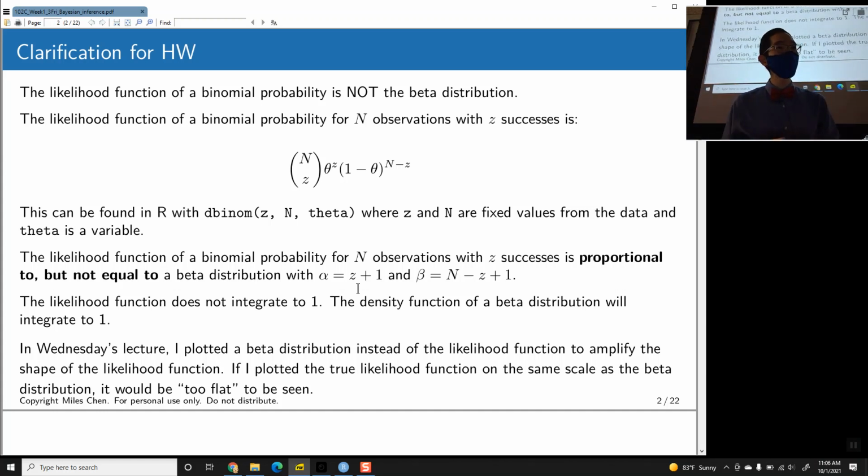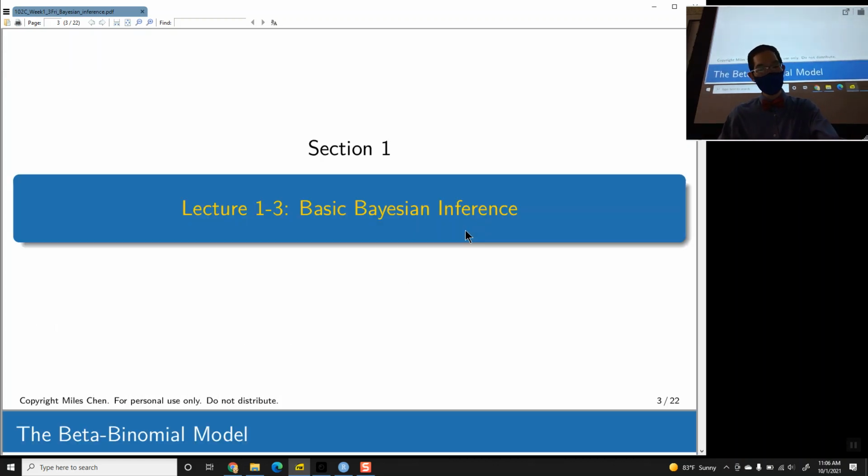And when you do the homework and I ask you to plot the likelihood functions, you're probably going to end up using the beta distribution function to plot these things, but that's not the likelihood. It's separated by a constant factor.